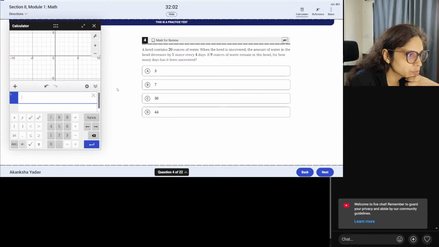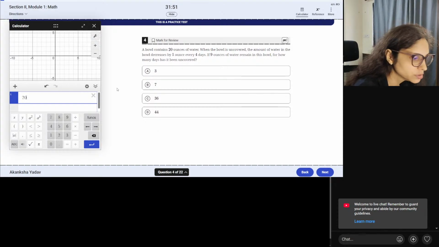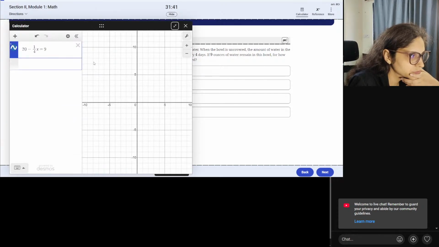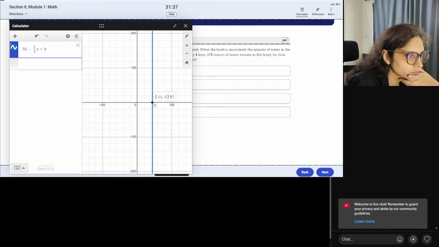So the equation is going to be, there were 20 ounces of water. Now it is decreasing by 1 ounce every 4 days. So the slope is 1/4 x, and this is equal to 9 because 9 ounces remain in the bowl. So after 44 days, 9 ounces will remain in the bowl.